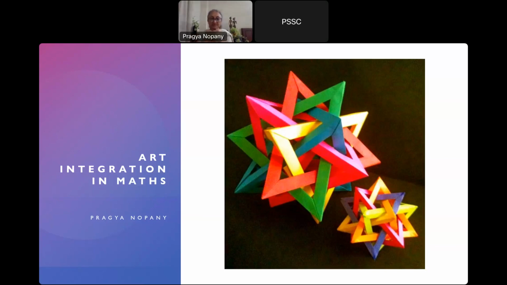If you ask me, I would say that maths is a very abstract thing. It can become very abstract unless it is explained very well and visualization is done very well.